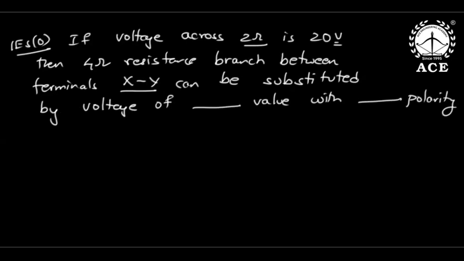Okay, if voltage across 2 ohm resistance is 20 volts, then 4 ohm resistance branch between terminals XY can be substituted by a voltage of dash value with dash polarity. Okay, there is a meaning there.